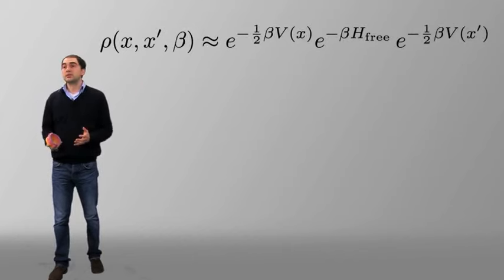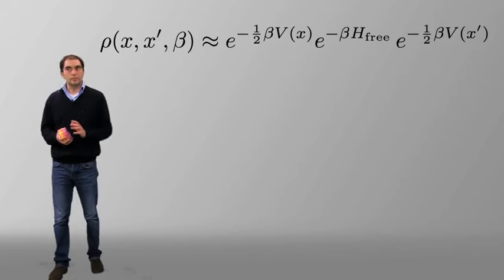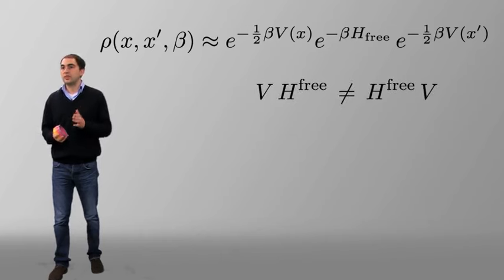To see that this is true, we will expand both terms up to the order beta squared. But attention, H0 and V are operators. The product V H0 can be different from H0 V. Operators, matrices, in general do not commute.